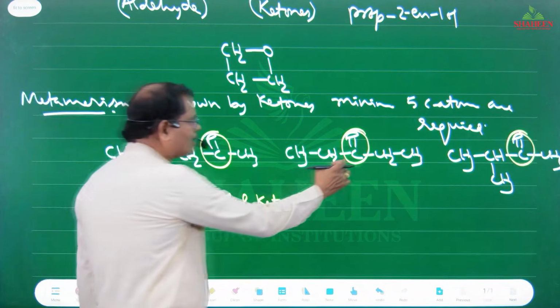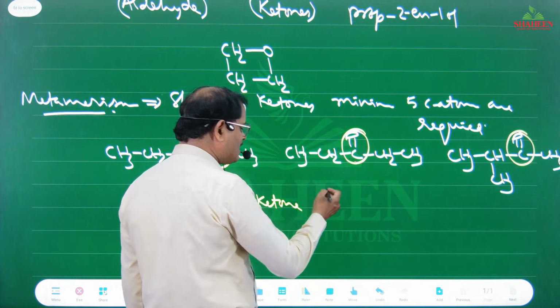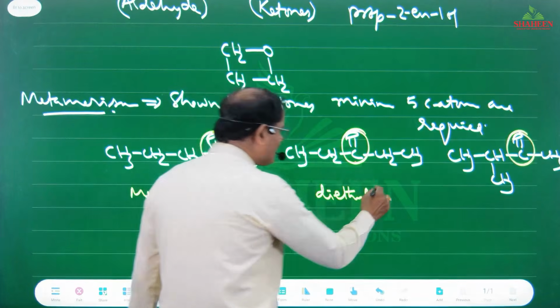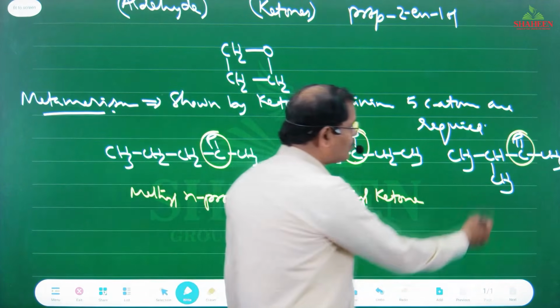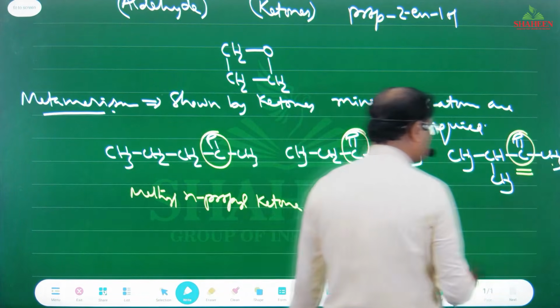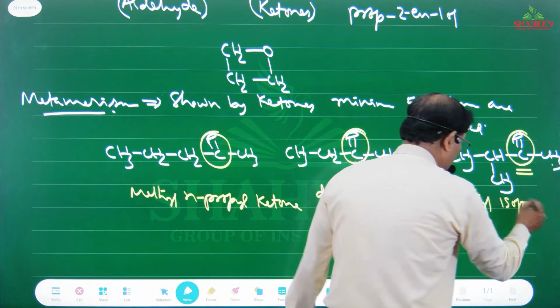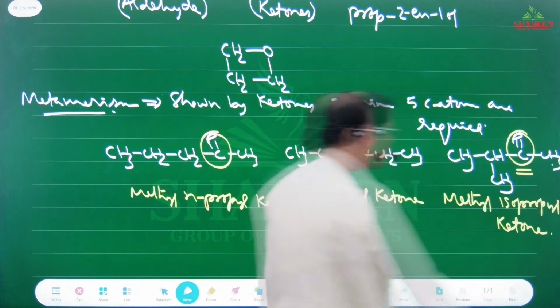And here, on both sides of the carbonyl group, similar groups are bonded, that is diethyl ketone. Here the carbonyl group is attached to different groups, methyl and isopropyl, methyl isopropyl ketone.